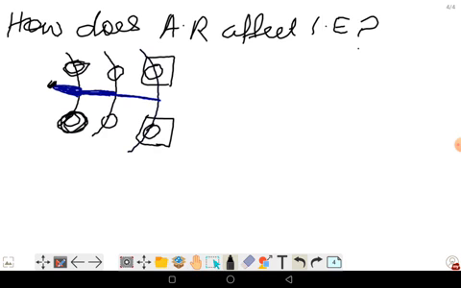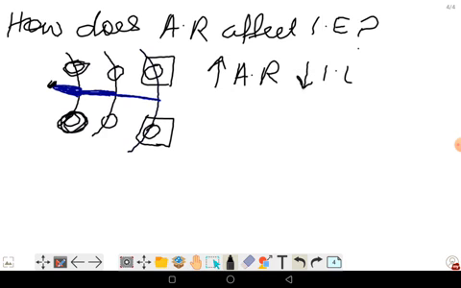Hence, if the electrons can easily be pulled out, we have a reduced ionization energy. The IE will go down because there is not much force of attraction for these electrons. So that is the effect of atomic radius on ionization energy: the higher the AR, the lower the IE.